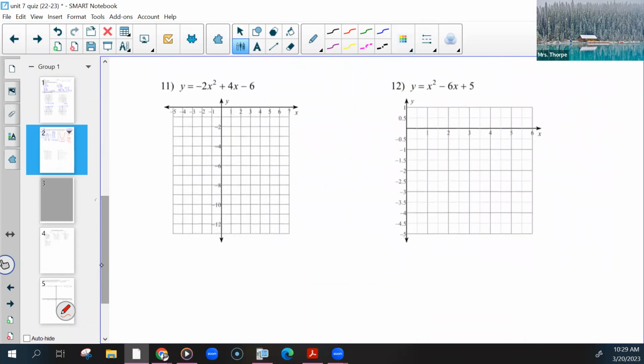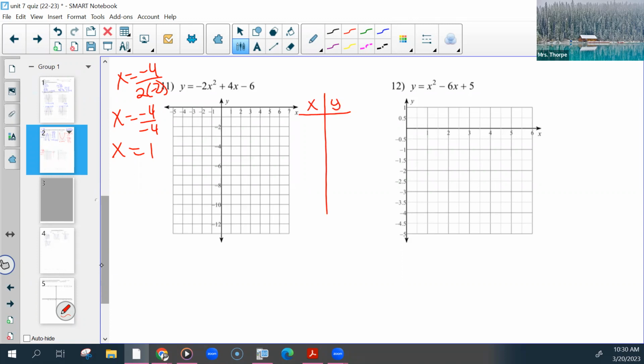And for 11, the algebraic work would have been x equals negative 4 over 2 times negative 2. So negative 4 over negative 4, or x equals 1. The table, once you put this into your calculator, would have been negative 1, 0, 1, 2, 3 for x, and negative 12, negative 6, negative 4, and then repeat.